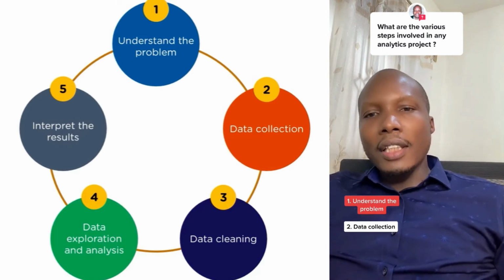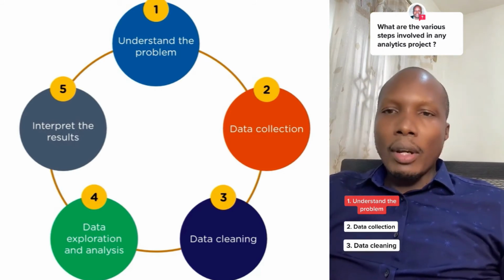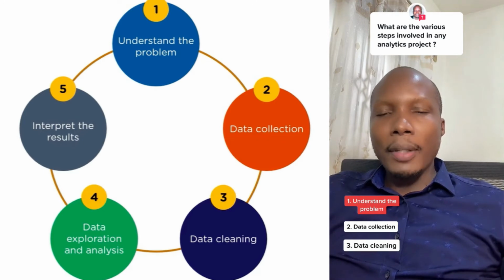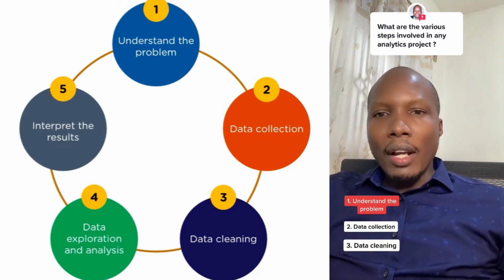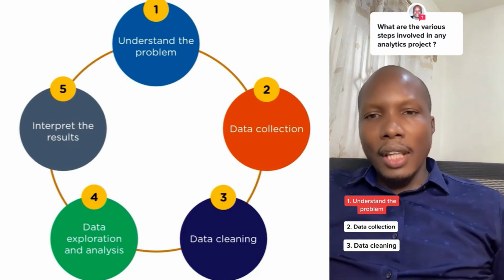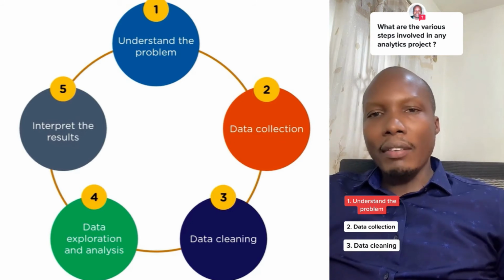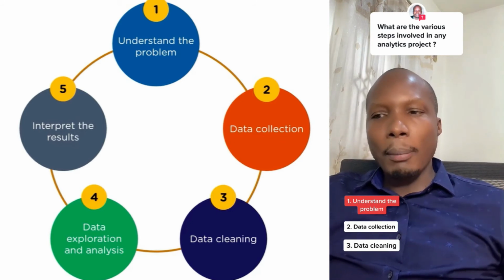Now, after you have collected the data, the next step is doing data cleaning. We have a lot of spreadsheet applications we use. We have Excel, we have Google Sheets, we have spreadsheets for iMac or Apple. So you can use any to do the data cleaning. We have now the Business Intelligence tools, which you can use, like Power BI.